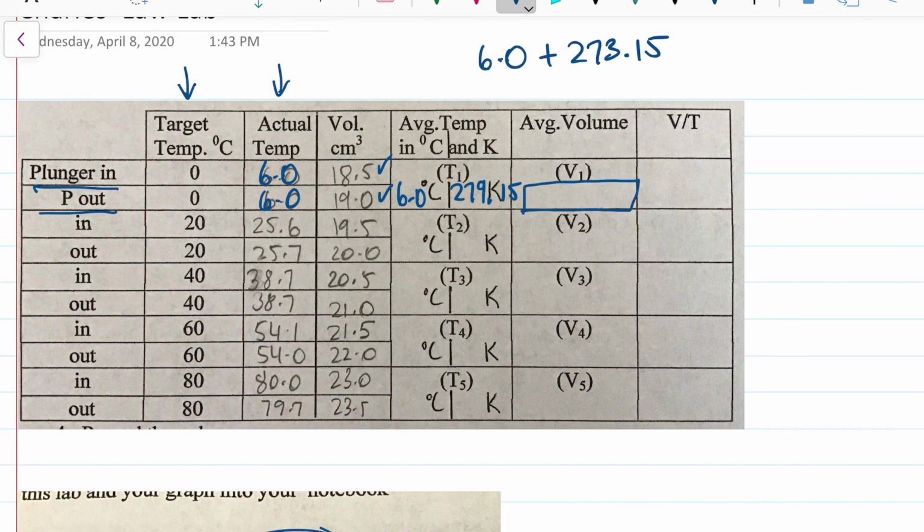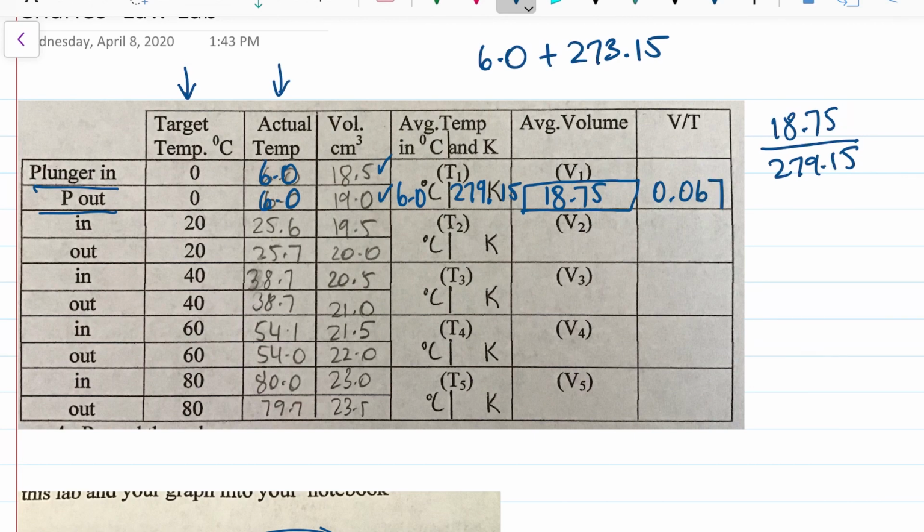Then for this value, we want our average volume. Our average volume is the average of 18.5 and 19.0, which is 18.75. And now I'm going to calculate V over T. So I'm going to say 18.75 divided by 279.15, and to 2 sig figs I get 0.067.